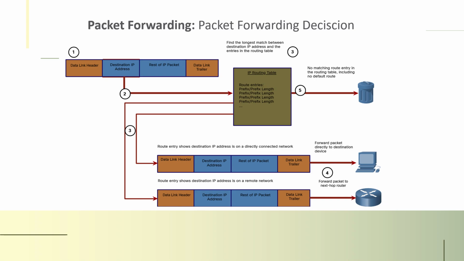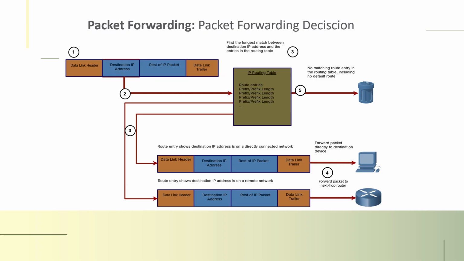As you can see, when it gets the packet, it checks the routing table to identify if there is a match for the destination IP address, where it finds the longest match between the destination IP address and the entries in the routing table.